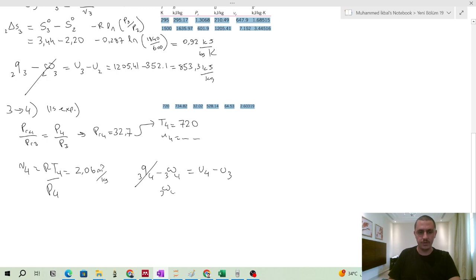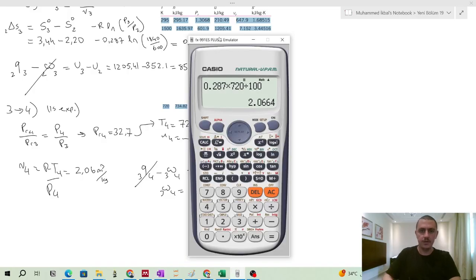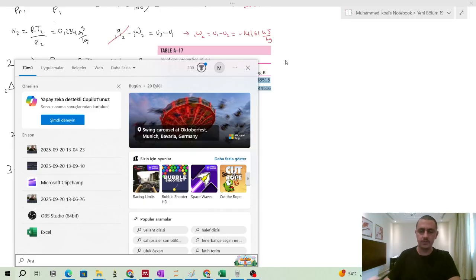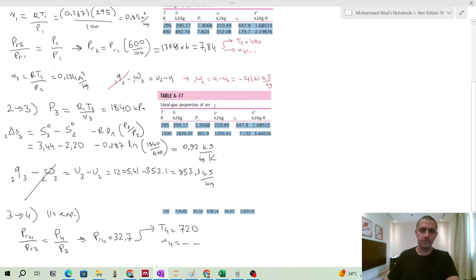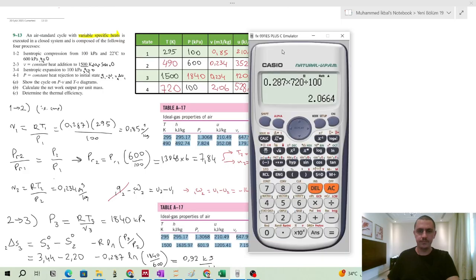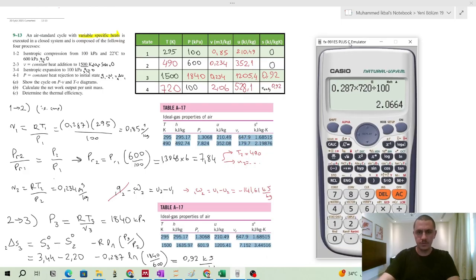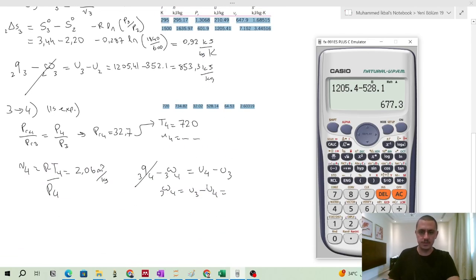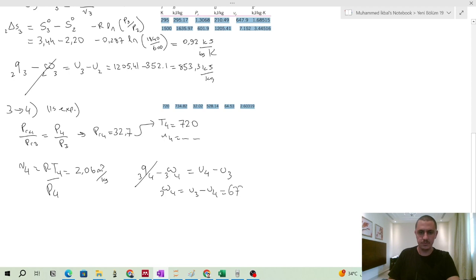Work from 3 to 4 is just U3 minus U4. Here I get a positive value because the system is doing the work, right?